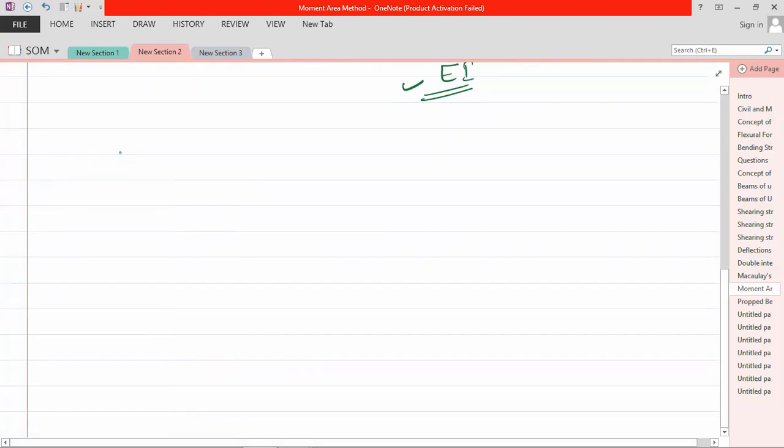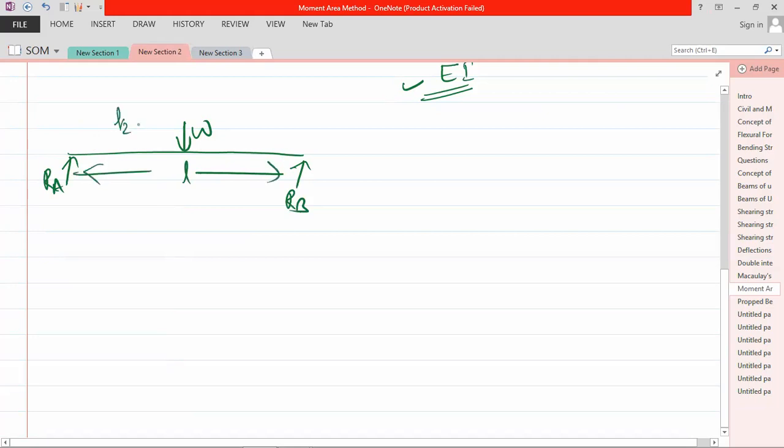Just take a simply supported beam. You apply load 1 here, load 2 here, and this is reaction RA, this is RB, this is L, this is L by 2, this is L by 2.